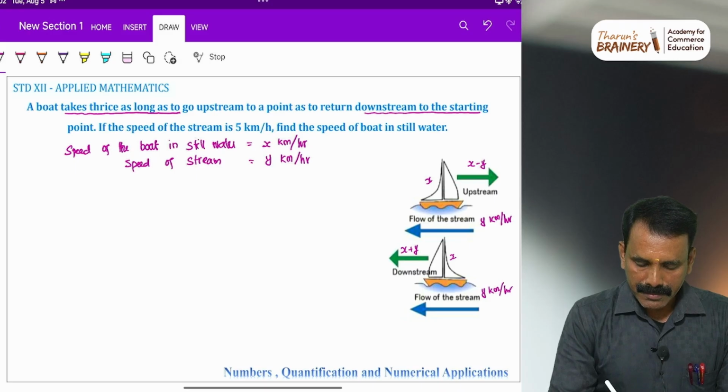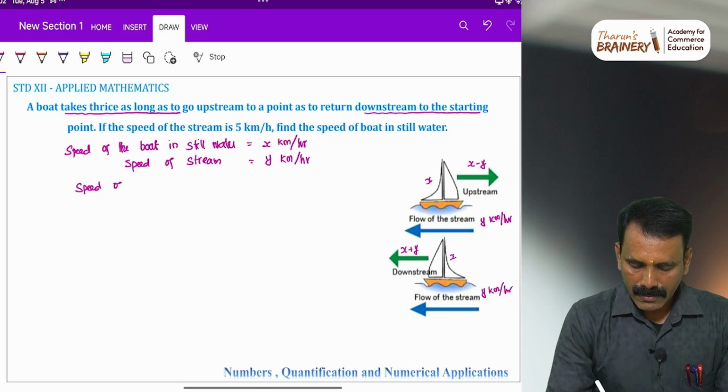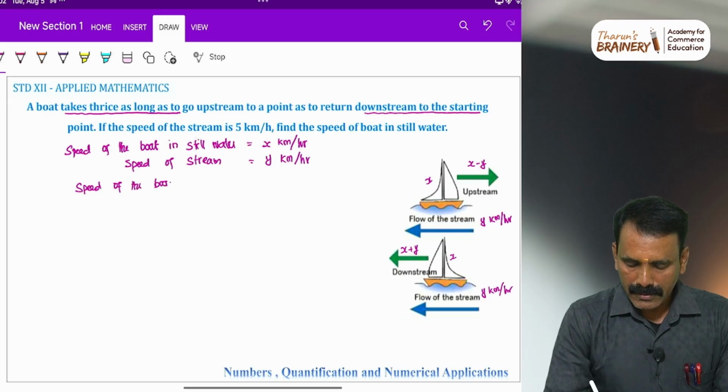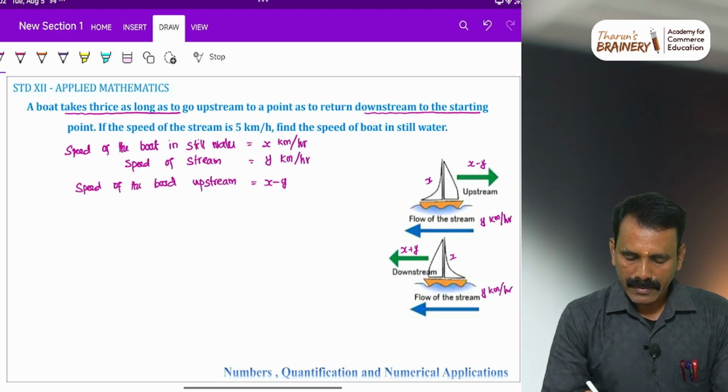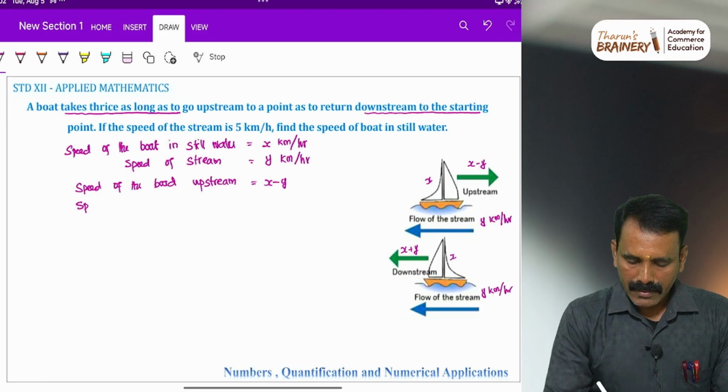For upstream, the speed of the boat upstream is x minus y.